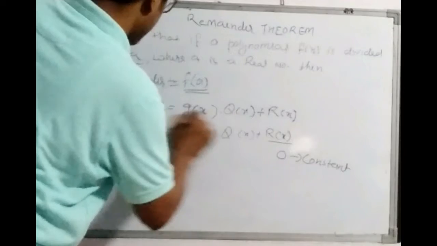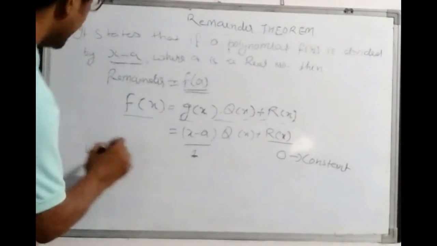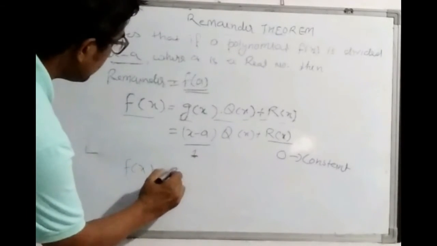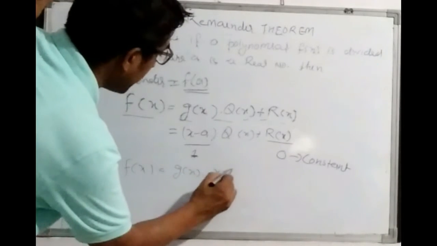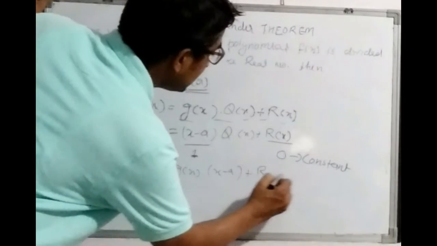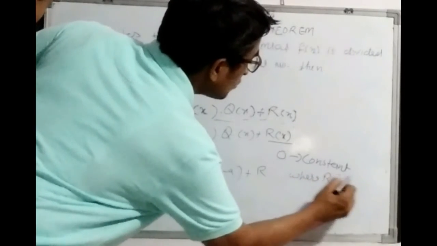So this form can be rewritten as f(x) is equal to g(x) multiplied by x minus a plus r, where r is a constant.